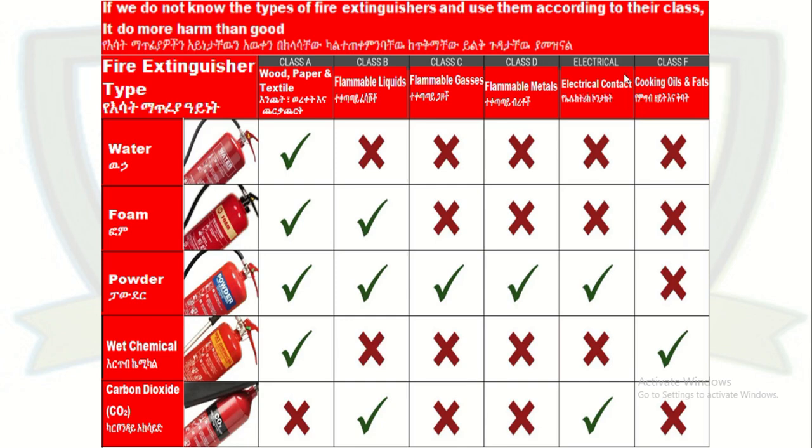For example, if a fire starts on a transformer, substation, or any electrical contact, this carbon dioxide is important. So these are important things. Please take note of them and follow them. It will be useful.